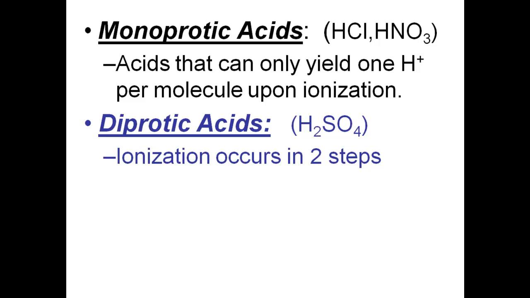In diprotic acids, such as sulfuric acid here, H2SO4, the ionization will occur in two steps. First, we will see the ionization of one H plus off of the sulfuric acid compound. So we're going to see sulfuric acid break up into H plus and HSO4 minus.